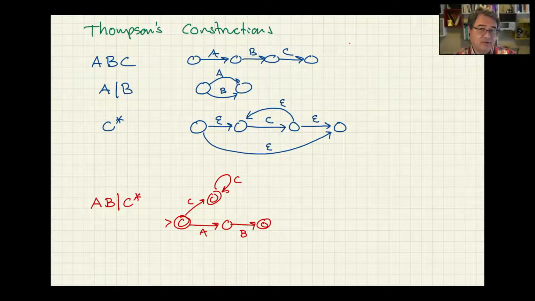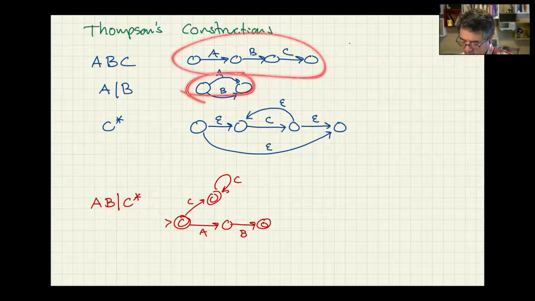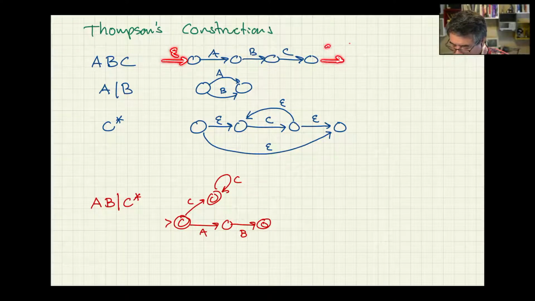I'll go on record and say that these constructions are very slightly different from ones you're probably going to see on the internet, if you watch a YouTube video by someone else. The one down here on the bottom is the same, but these over here are a little bit different. That's because the ones you'll see on the internet actually have additional epsilons coming in and out.